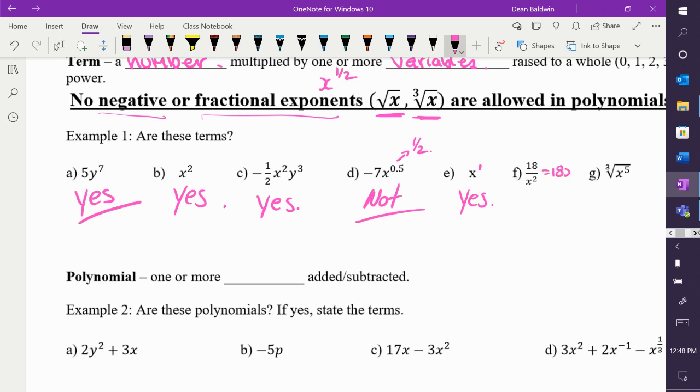Again, it's beyond the scope of this course, but if you see a variable in the denominator, it means you have a negative exponent, so it's not a term. And g, are we allowed to have any square roots or cube roots or anything like that? No.